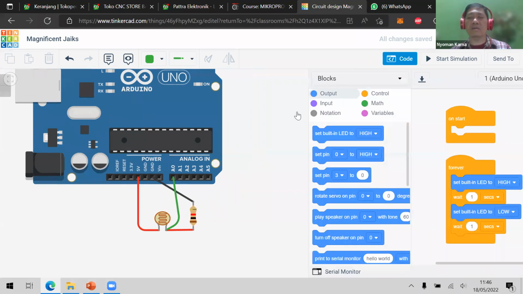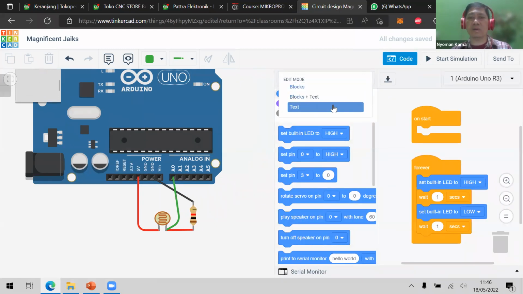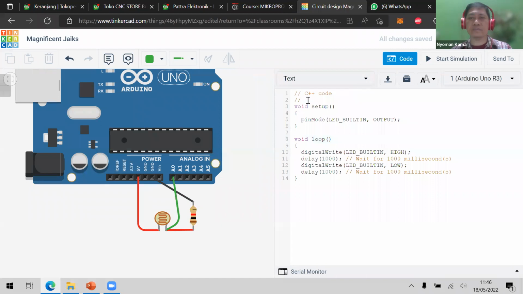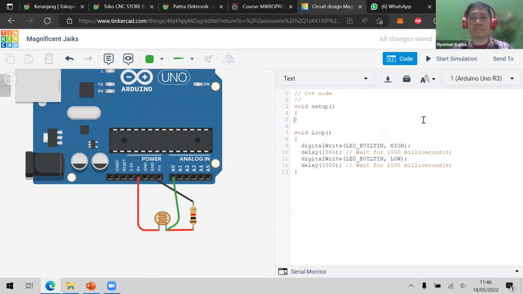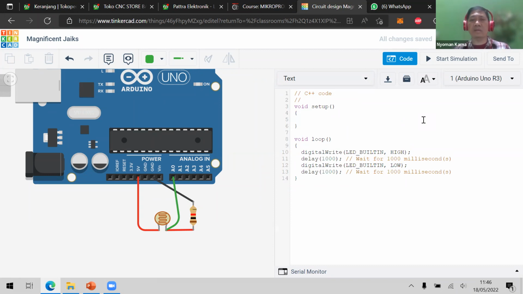So I'm going to use not block, but text only. And then we don't need this one. We're going to print out the value of A0 for the ADC, analog digital converter, to the serial monitor.